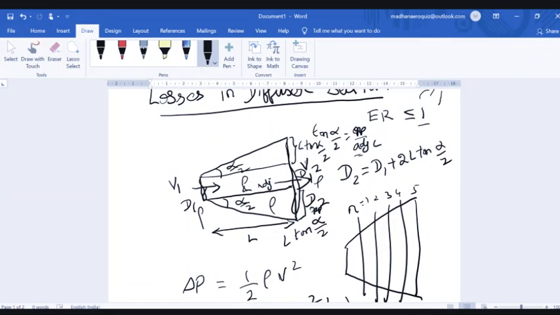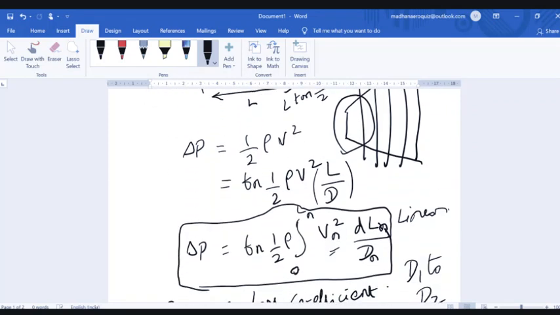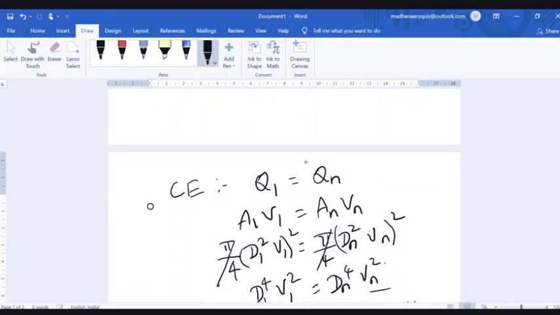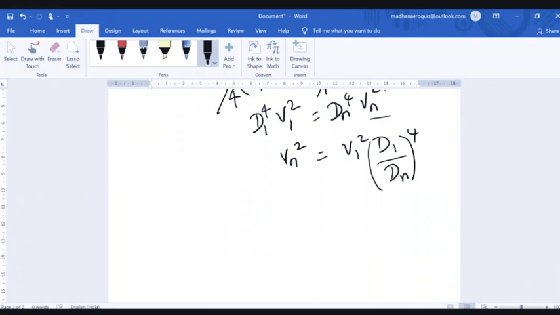Here this d2 is nothing but the varying section. If we consider this portion, we are considering this as dn, using the same equation for simplification. So here we have dn equal to d1 plus 2 ln tan alpha by 2.